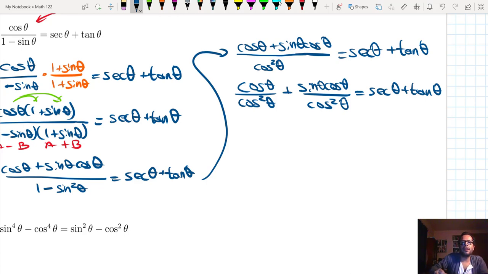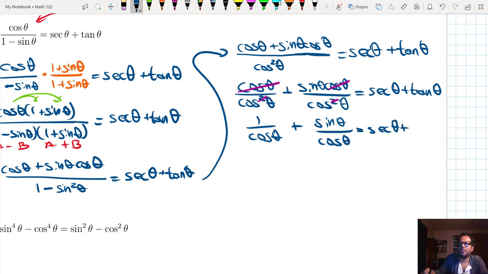Here we can divide out this cosine with 1 power of cosine in the denominator, leaving us with 1 over cosine, plus we can divide out this cosine right here with 1 power of cosine in the denominator, leaving us with sine theta divided by cosine theta. Secant theta plus tangent theta.